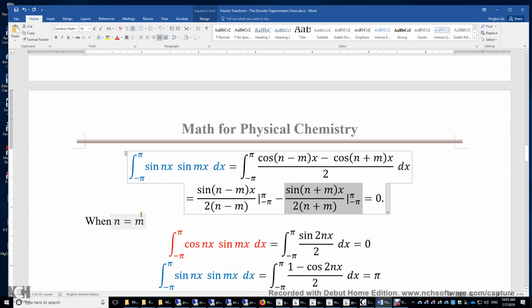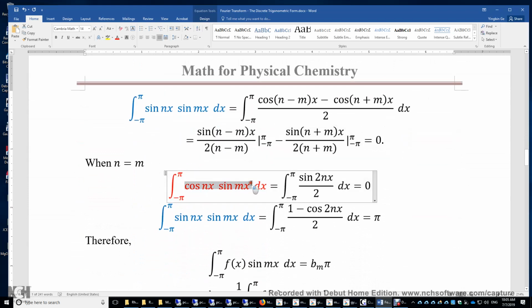So now when n is equal to m, we integrate this part. We learn that this is again 0. And if we integrate this part, this is actually sine squared nx, which is 1 minus cosine 2nx over 2. If we integrate this, well, this part becomes 0 because the integral of this part is a sine function. Again, a sine function of the integer multiple of pi or negative pi is 0.